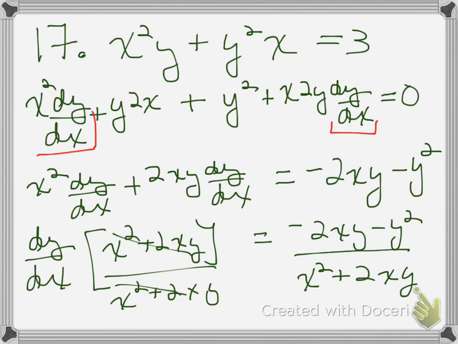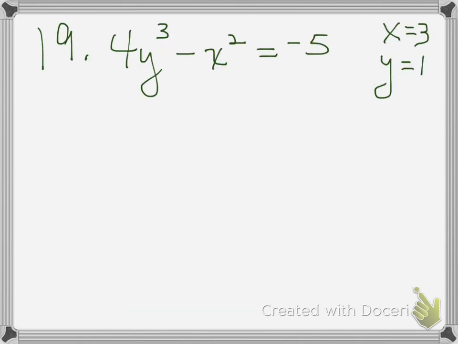So let's go on to 19, because now they want us to determine the slope of the graph at the given point. So we're going to find the derivative, clean it up, and then find the slope. Let's go to number 19. Here's our problem. Let's get our derivative first, and over here in the corner I put our x and y values.